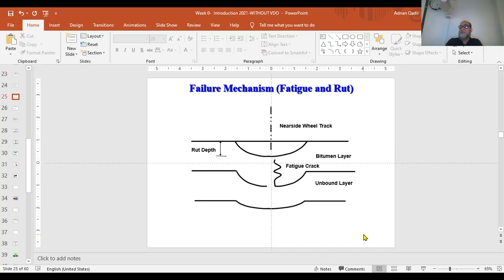While rutting is the depression caused by the excessive wheel loading of a heavy vehicle, and you will see the channels along the wheel path, especially on the lane that is meant for heavy vehicles.